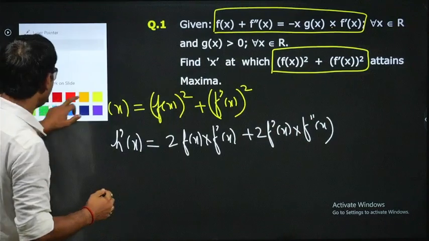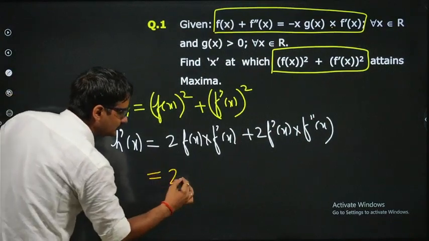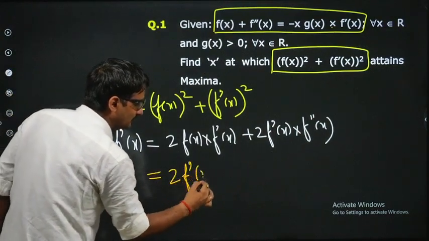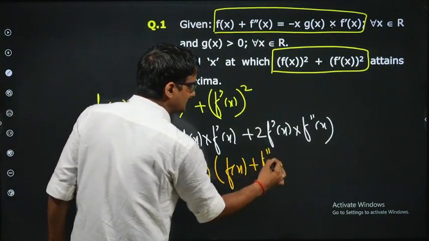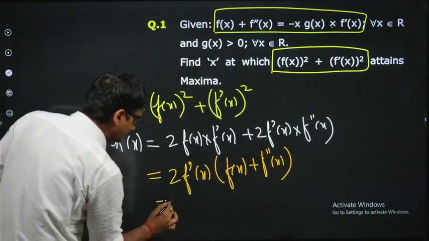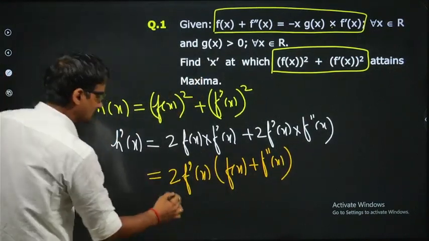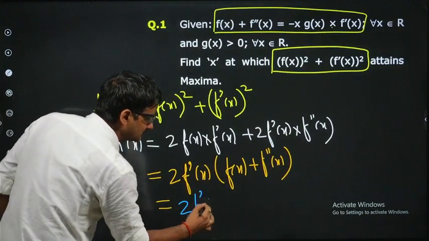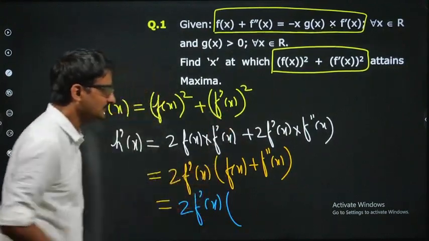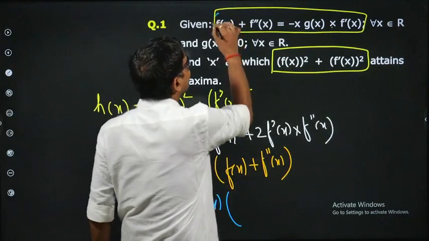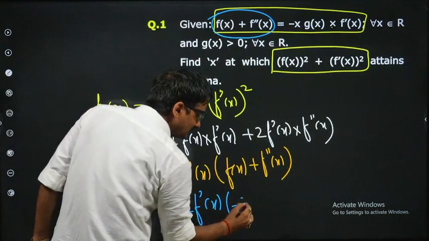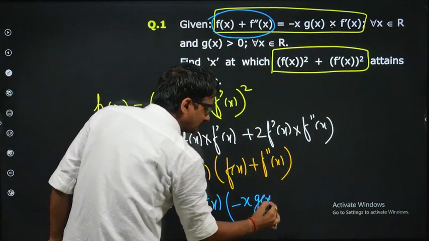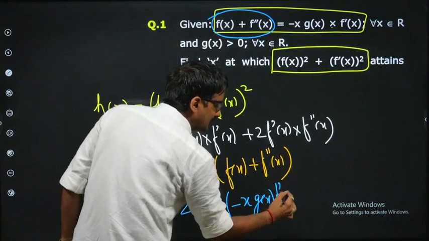Now just take 2 f dash x common. What are we left with? We are left with f(x) plus f double dash x. So we get 2 times f dash x into, now see, this is what we are given here, f(x) plus f double dash x. How much is it? Minus x into g of x into f dash x.